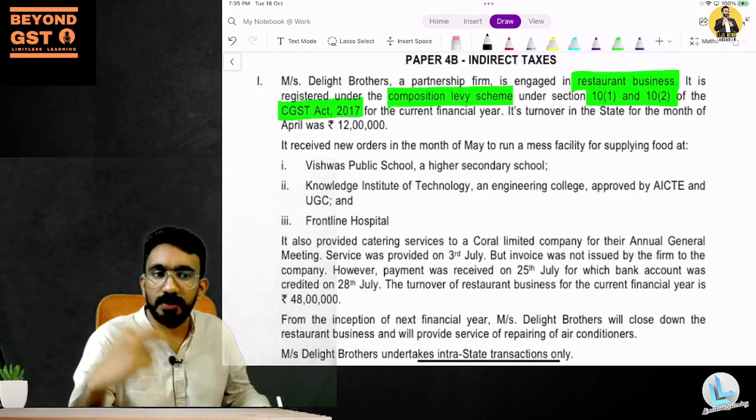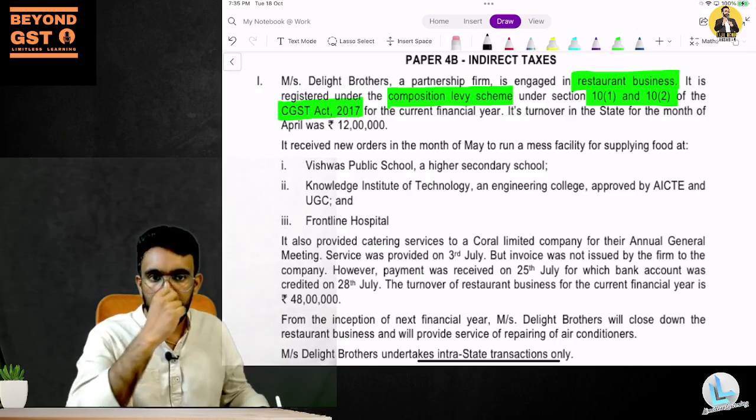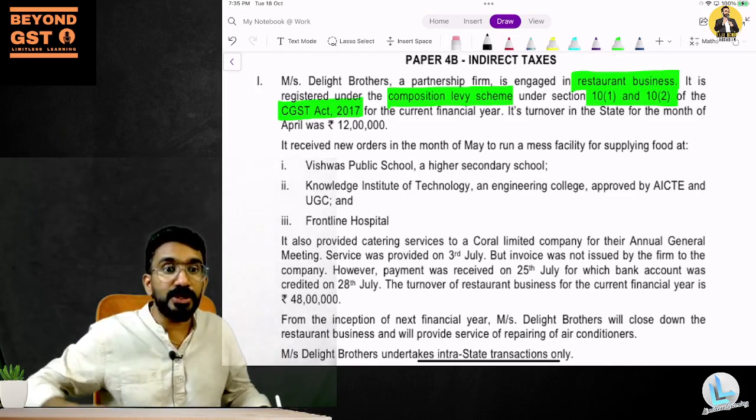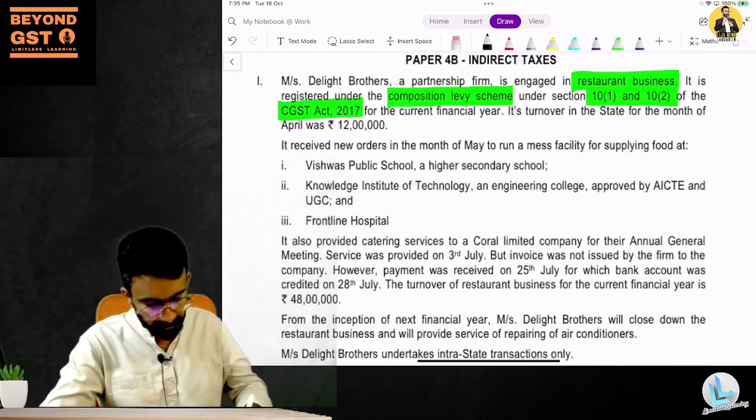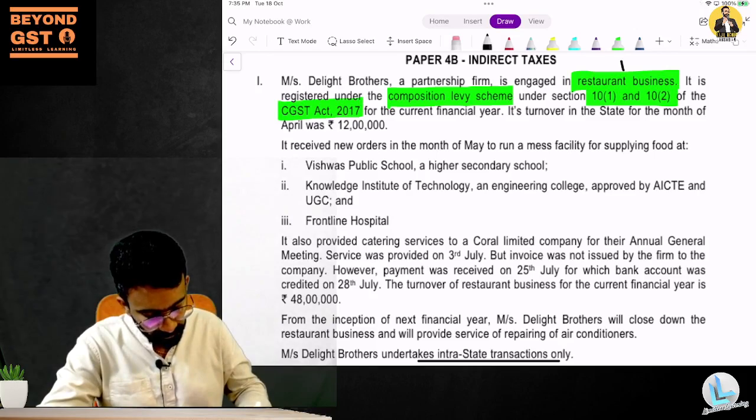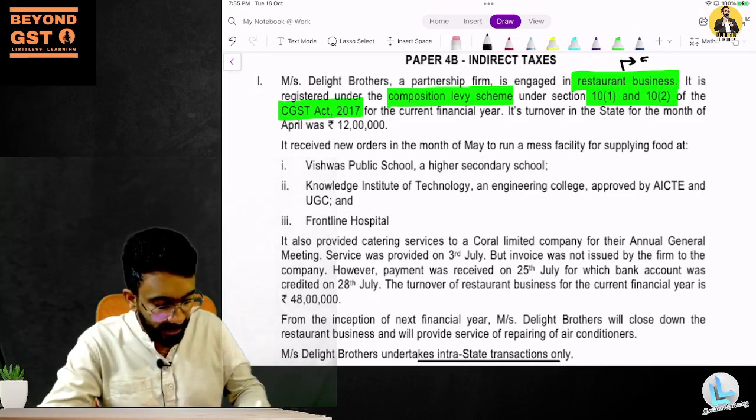If you're a trader, you would pay 1% on taxable turnover. And if you're a restaurant, you pay how much percentage if you opt for composition levy scheme? You will pay 5%, which means you will pay 2.5% CGST and 2.5% SGST.